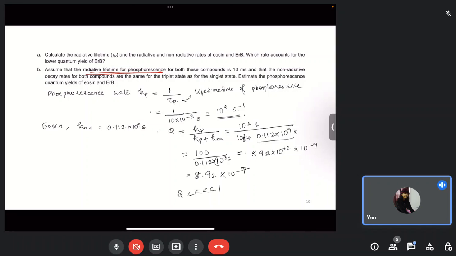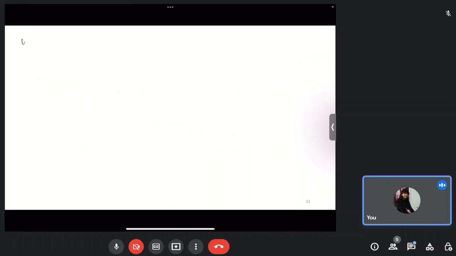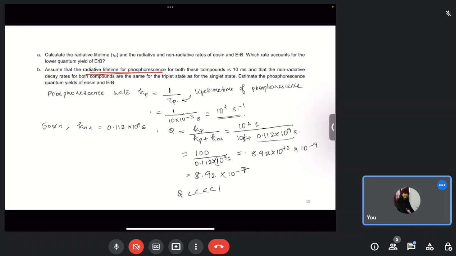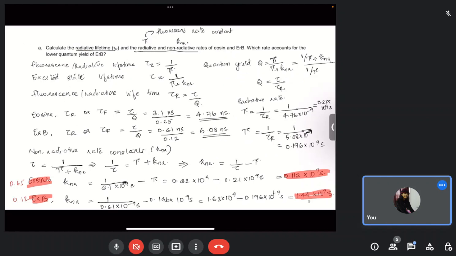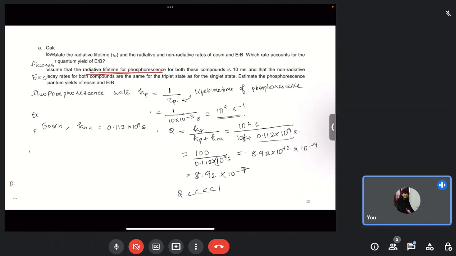You can calculate the same for erythrosin. It's going to be the same. So we know that Kp is 10 to the power 2 second inverse, and KNR is equal to 1.44 into 10 to the power 9.